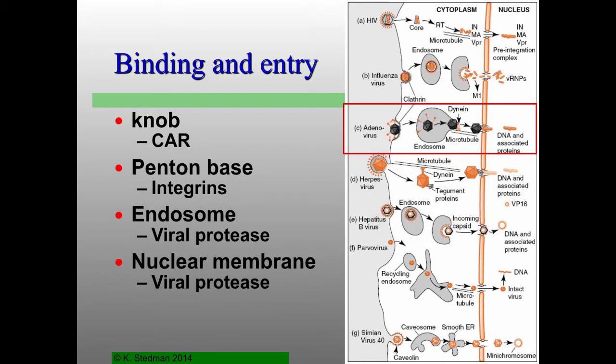Adenovirus has these projections at the 5-fold axis of symmetry, penton base and penton fiber, which bind to receptors. You have receptor-mediated endocytosis. Then the rest of the capsid, after you've removed those pentons, gets transported to the nucleus. At the nucleus, the DNA is released and gets replicated.